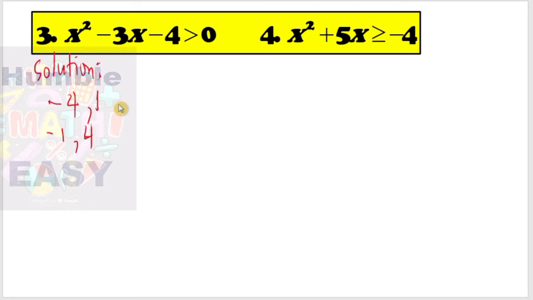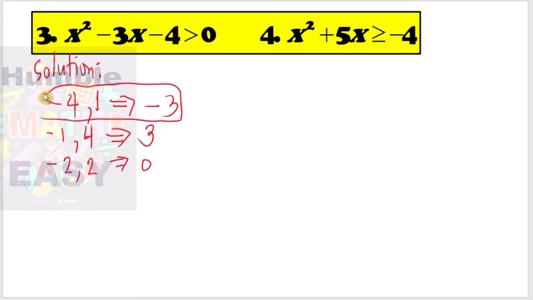The sum of negative 4 and 1 is negative 3, while the sum of negative 1 and 4 is 3. So we select among the choices that we have.